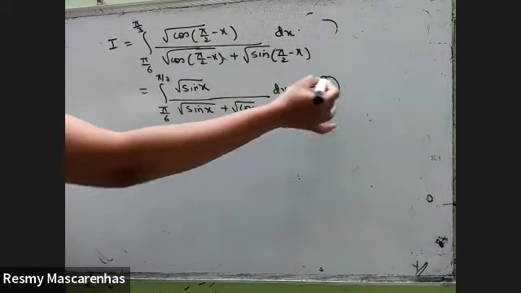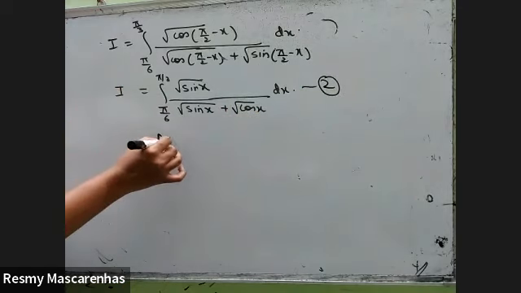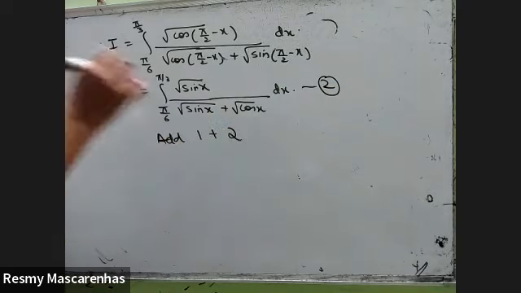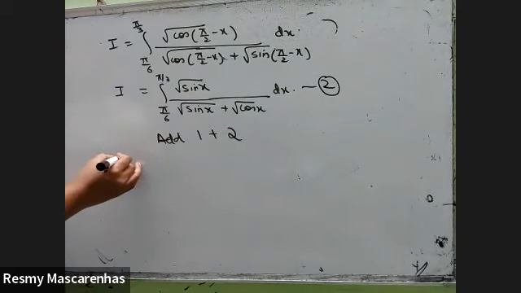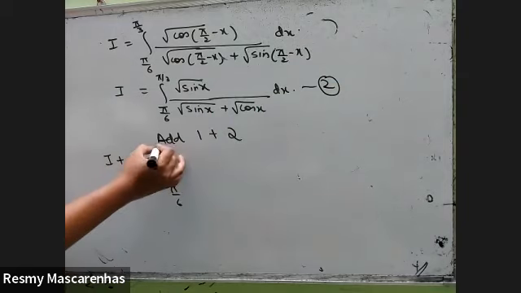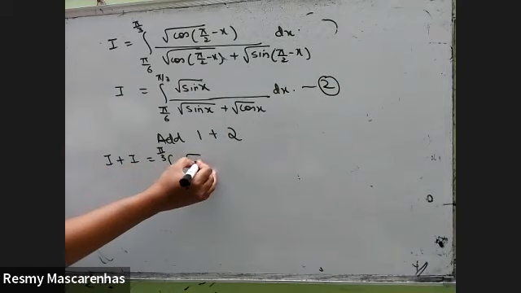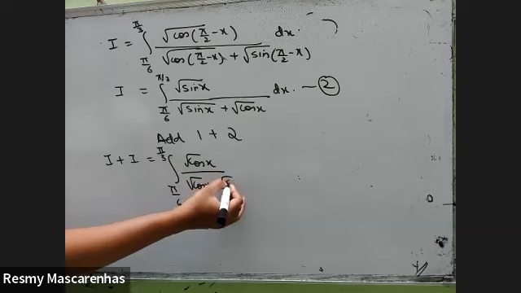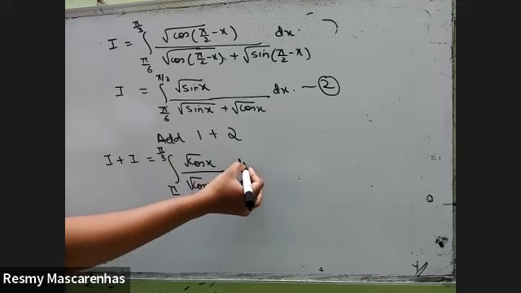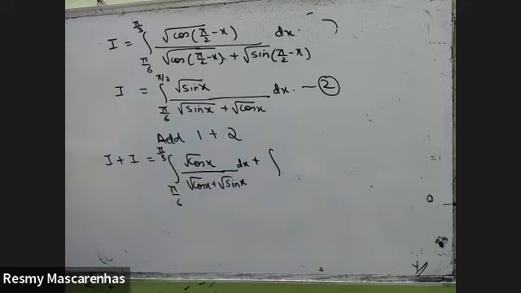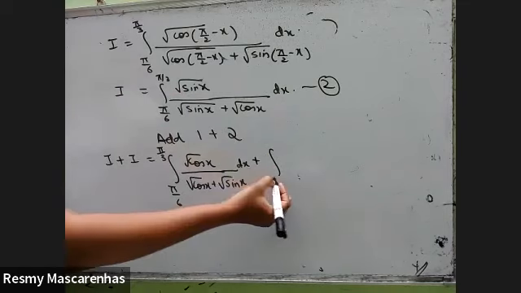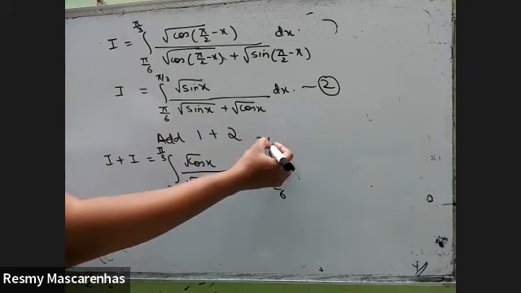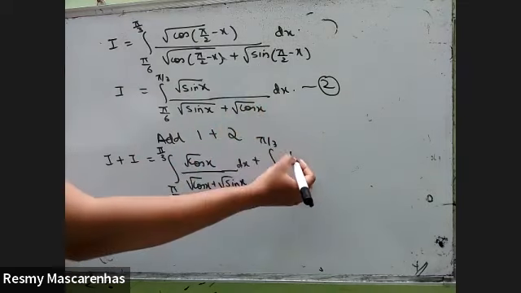Mark this as equation 2. Now add equation 1 plus 2. This will be again pi by 6 to pi by 3. Equation 2.